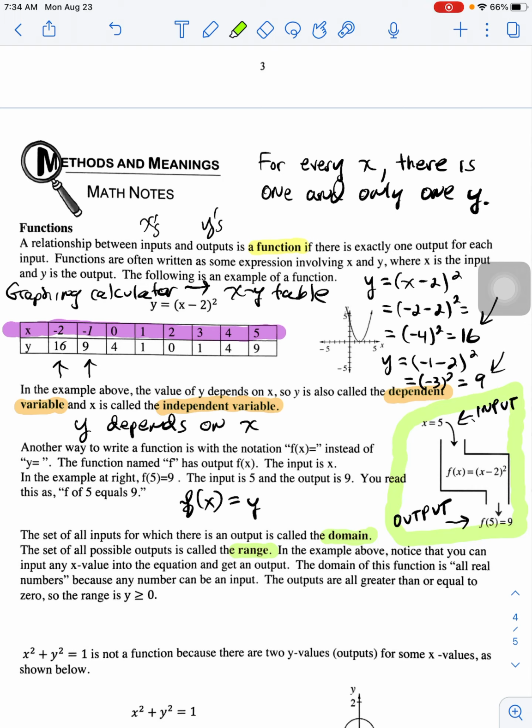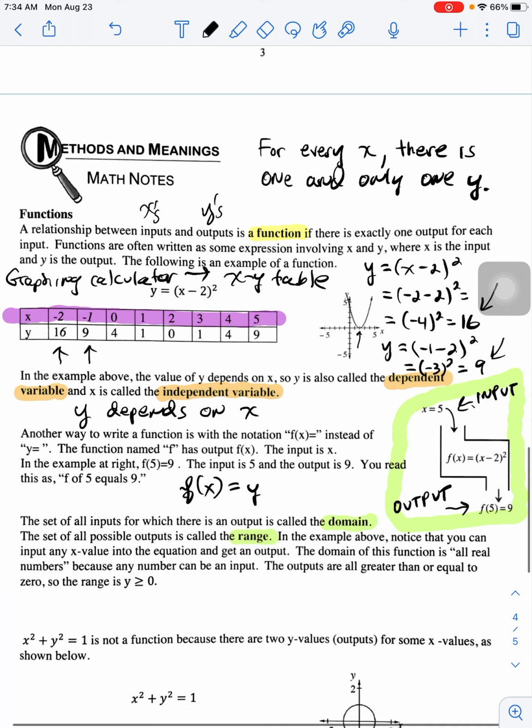That's because if you look at the parabola up top, you'll notice the lowest point is at 0, and if you look at all the y values, they're going to be greater than or equal to 0. And like I said, if you don't understand that, not a big deal for now, okay?